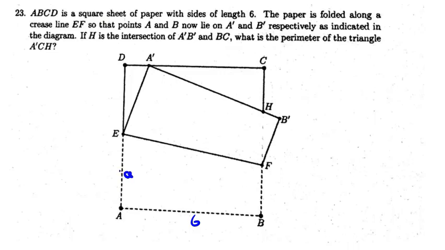If I consider this length is a, it is also a. If I consider this length is b, it is also b, because FB equals FB prime, EA prime equals EA, as indicated in the diagram.